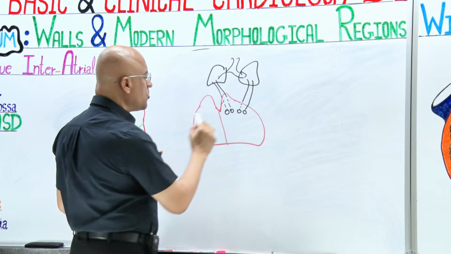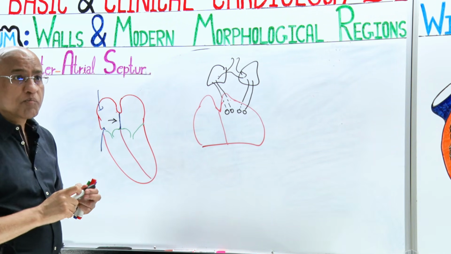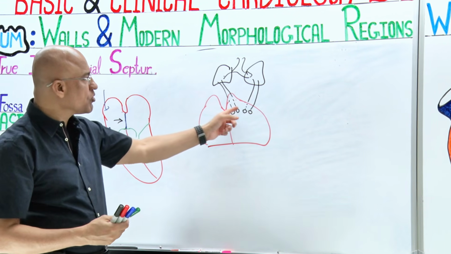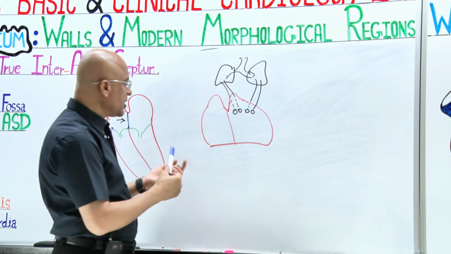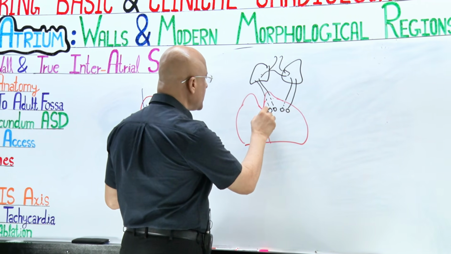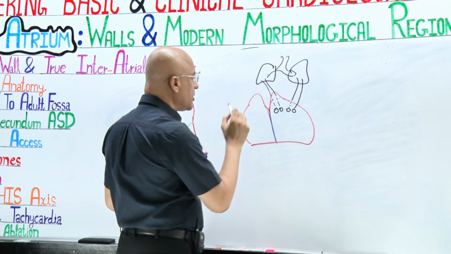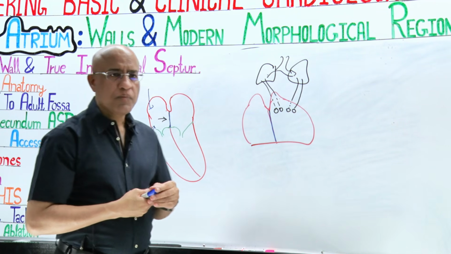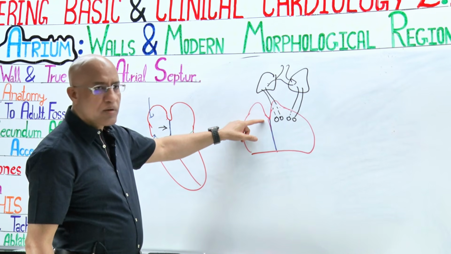What are these? Pulmonary veins. Pulmonary veins drain into the left atrium. These are openings of the pulmonary veins. And suppose this is what? Yes, septum primum, which is making the floor of the fossa ovalis.